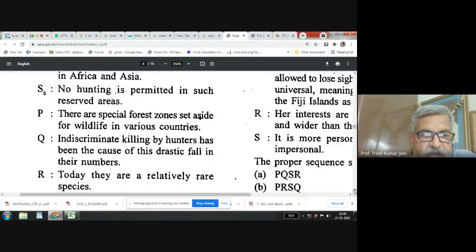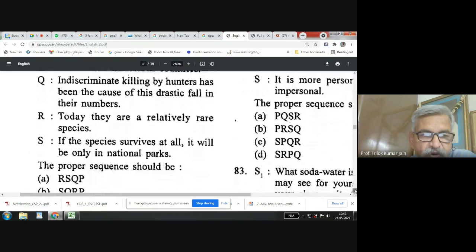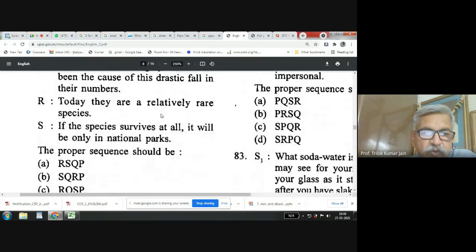Thereafter, either it will be S or R. Today they are a relatively rare species. If the species survives at all, it will be only in national parks. The sentence should start with R. So A or C will be the better options.